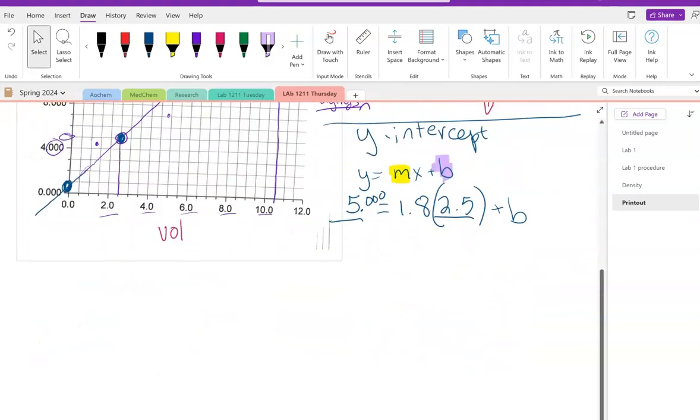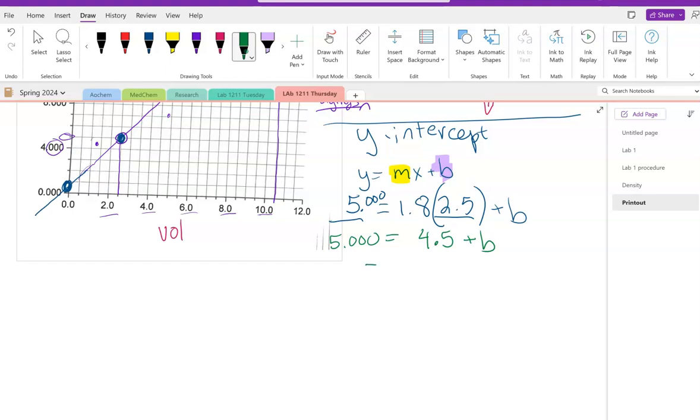So we do that math. First we multiply 1.8 times 2.5, which gives me 4.5 plus b. That's the correct number of sig figs for this answer. Now we need to get b by itself, so subtract 4.5 from both sides.